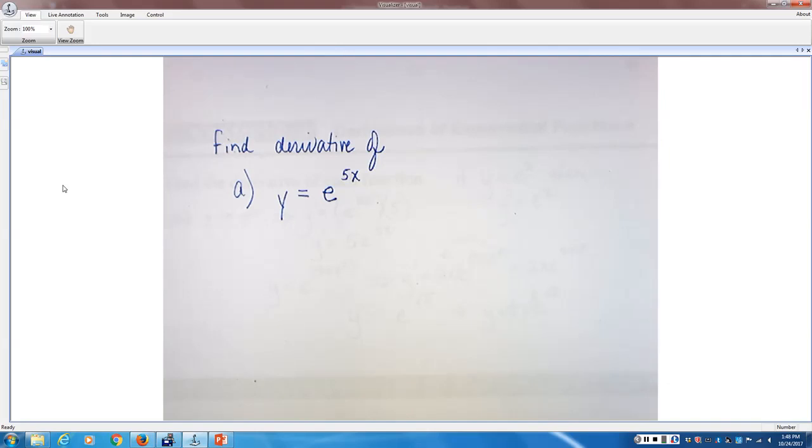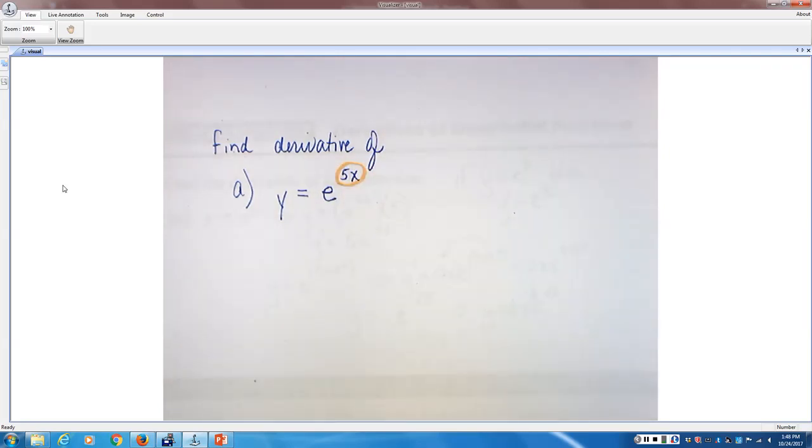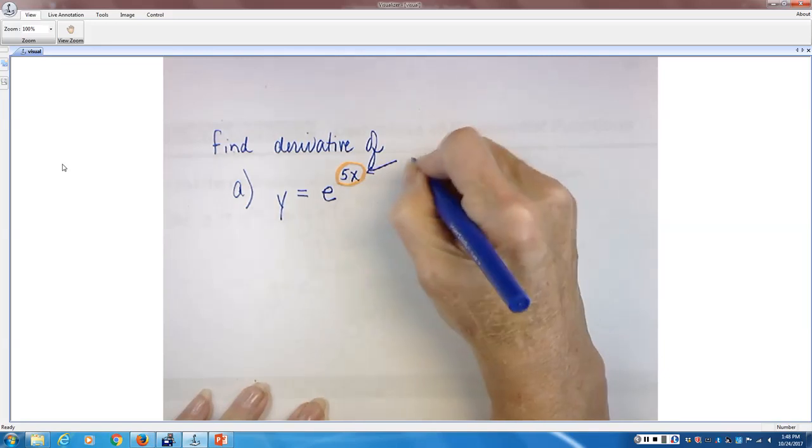Now because 5x is itself a function, that means we're treating this like e raised to some function of x, which makes it chain rule.